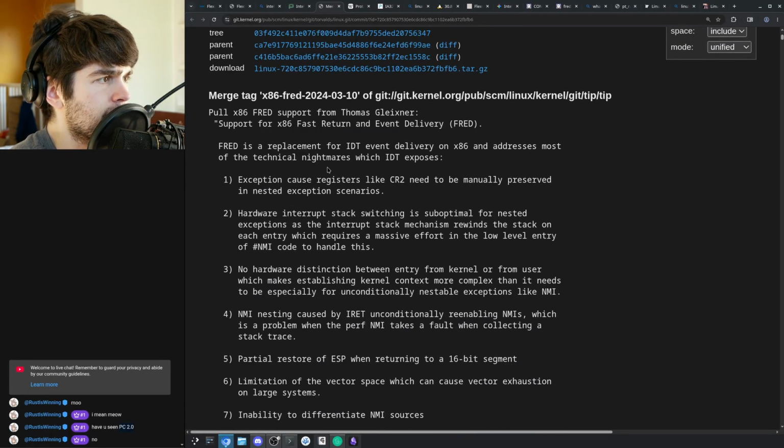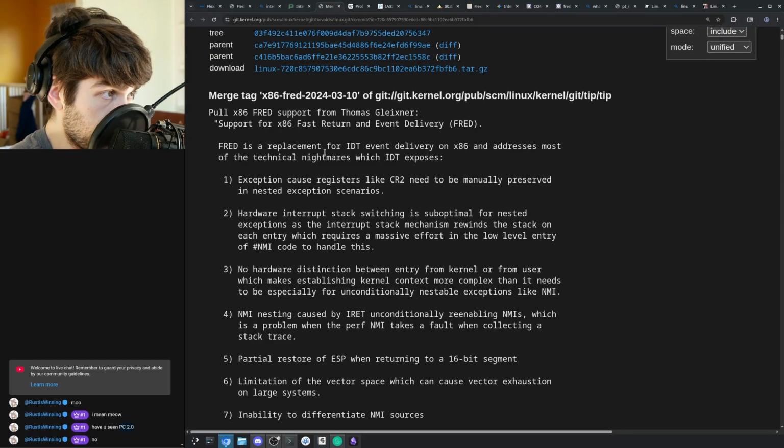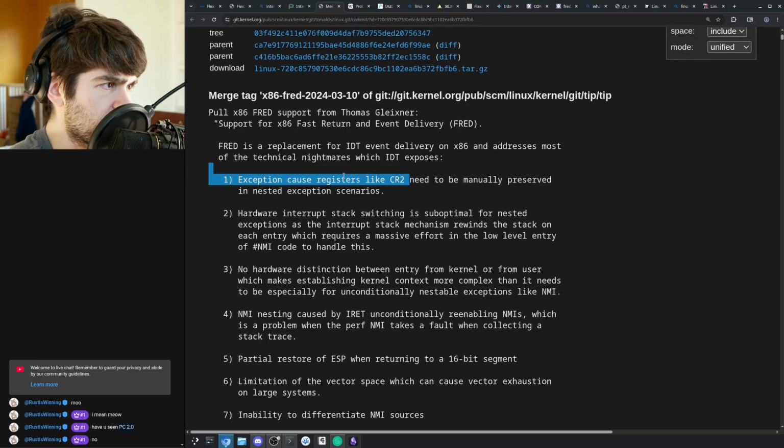FRED is a replacement for IDT event delivery on x86 and addresses most of the technical nightmare which IDT exposes. Exception cause registers like CR2 need to be manually preserved in nested exception scenarios.